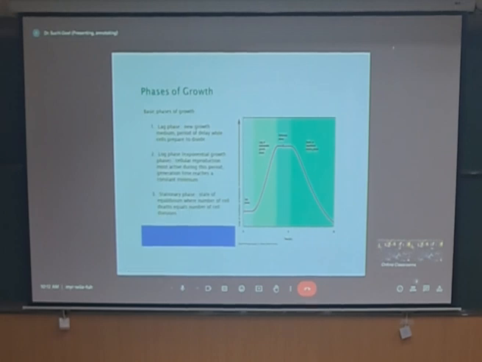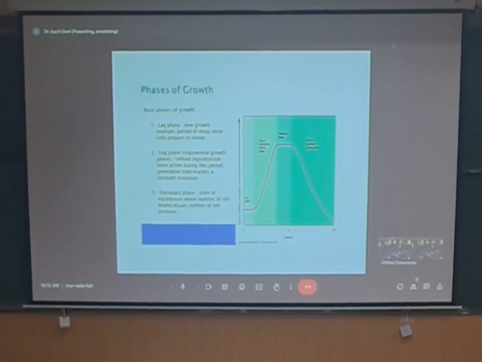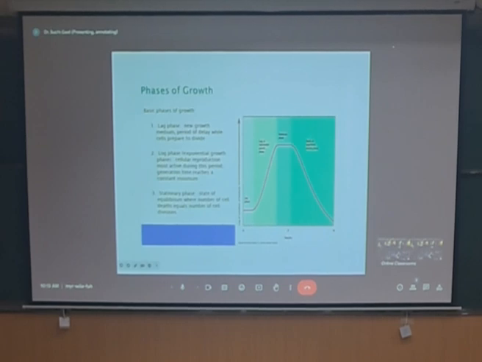Bacteria are multiplying and some bacteria are dying, so I don't see a change in the numbers of bacteria. Although there will be a high amount of bacteria, my numbers will not change. And now in the last phase, my nutrients have become really low. So most of the time your bacteria are dying, and even your replication has stopped happening. So this is the death phase of the bacteria.